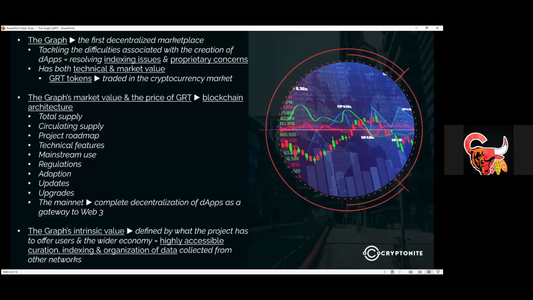There could be a few regulations around this as well. The updates, the adoption. So all this, the more it's being used, the more the value is going to go up. And from what has been happening over the past 2-3 years since the launch, the utilization is definitely growing and growing rapidly.